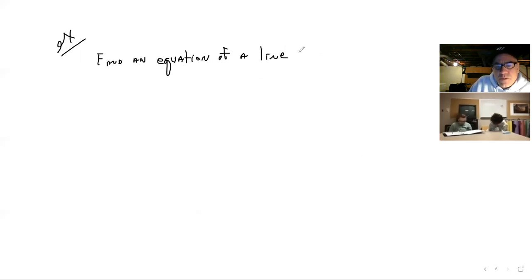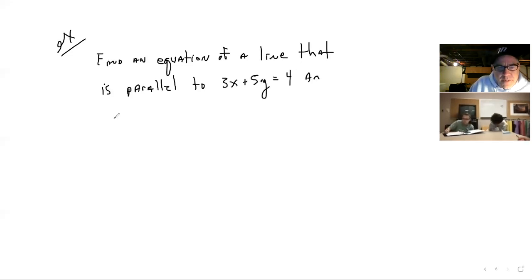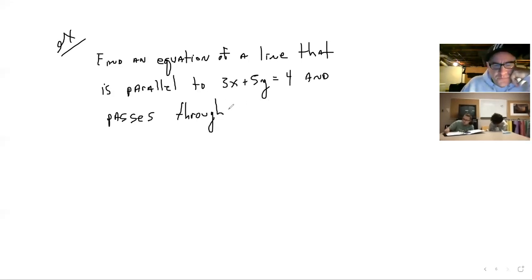It might be, for example, find an equation of a line that is parallel to 3x plus 5y equals 4 and passes through, I don't know, -1, 5.